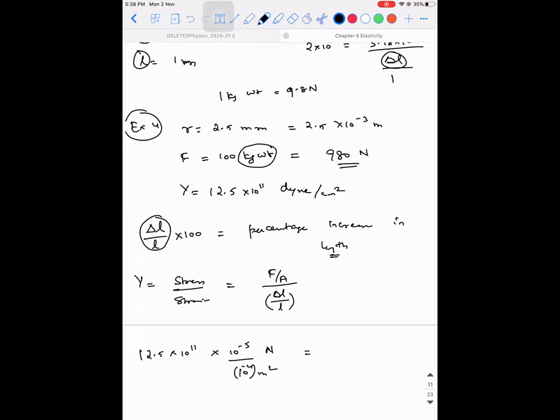This is equal to F by A. F is 980 divided by area, which is pi r square, that is 2.5 into 10 power minus 3 the whole square, the whole divided by delta L by L. So find out delta L by L. Multiply the delta L by L into 100. That will give you the answer.